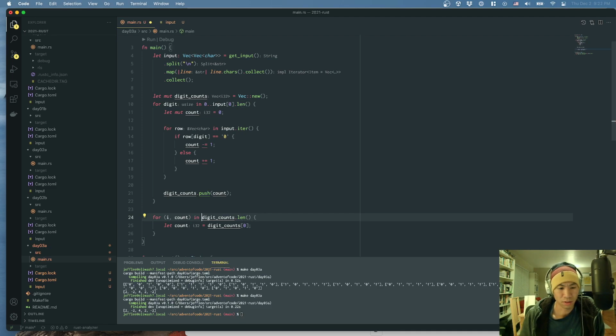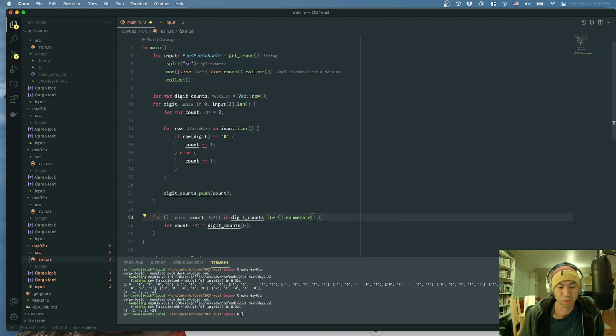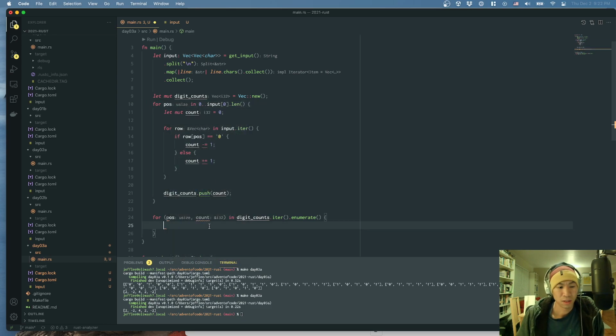And digit counts.iter.enumerate, which takes the iterator it is working off of and creates a tuple with a counter on it. The reason we care about i, or let's call it position, is that that is what we're going to be multiplying by.